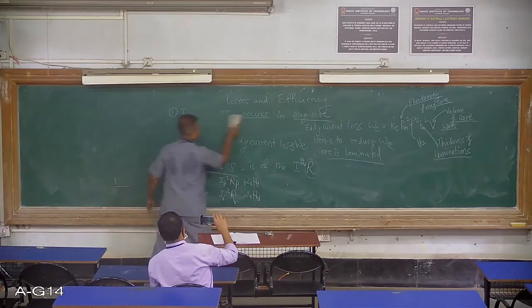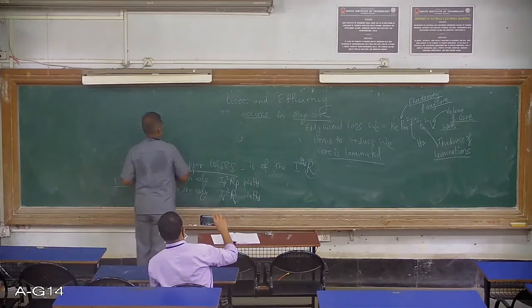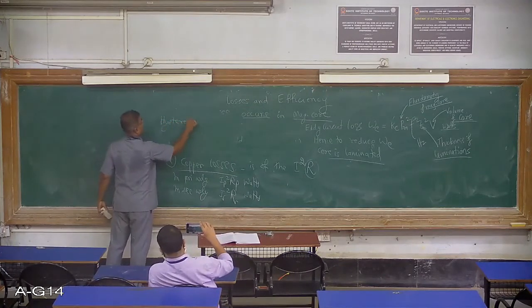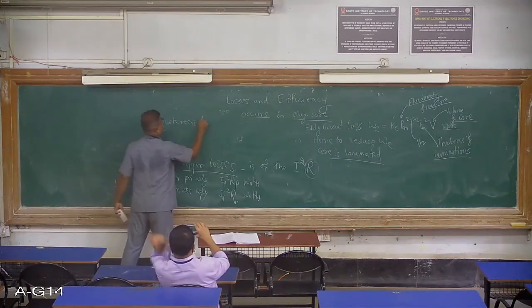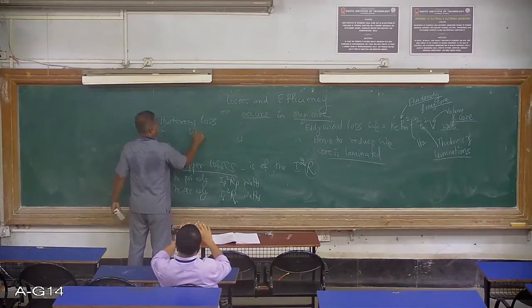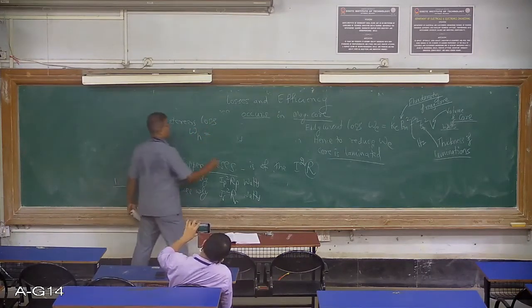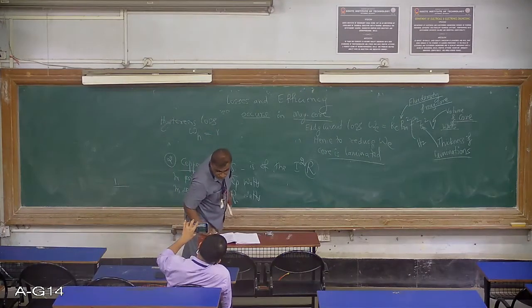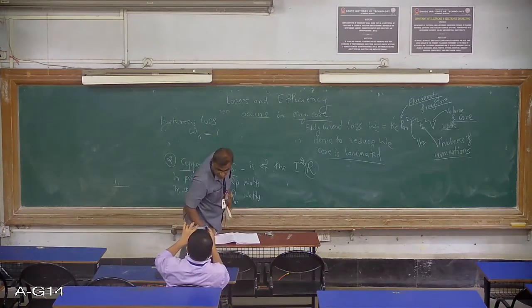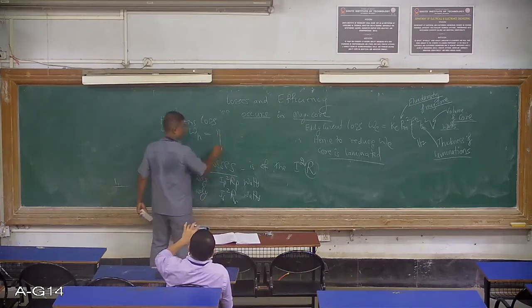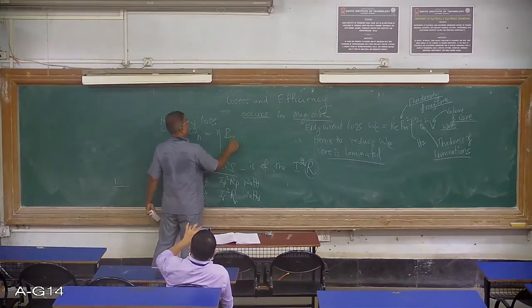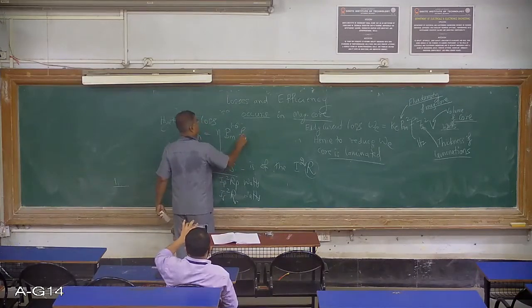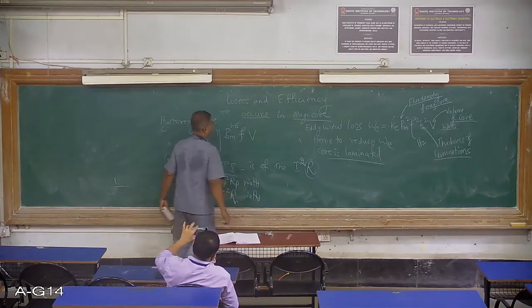Similarly, hysteresis loss, a brief account. It is given by WH equal to eta, a constant, Bm raised to 1.6 F V. V is volume.